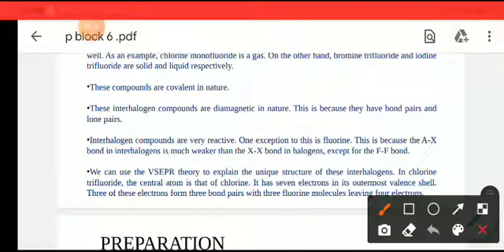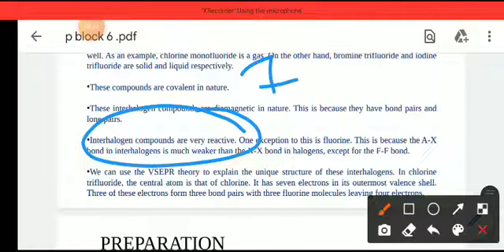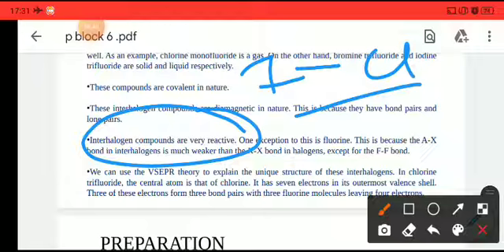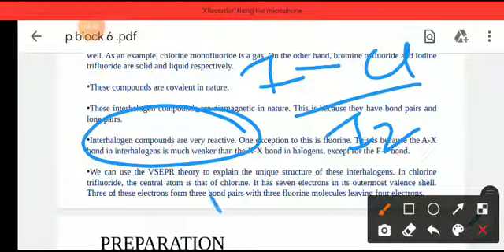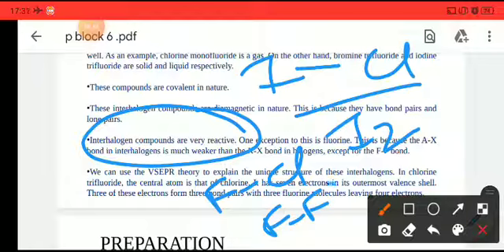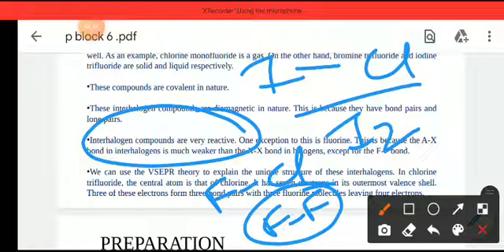Remember one thing, interhalogen compounds are very reactive, because two different halogens are combined to form them, so they are more reactive than the halogens. ICl is more reactive than I2, but ClF is less reactive than F2, because the F-F bond is weaker than the bond in interhalogen compounds.